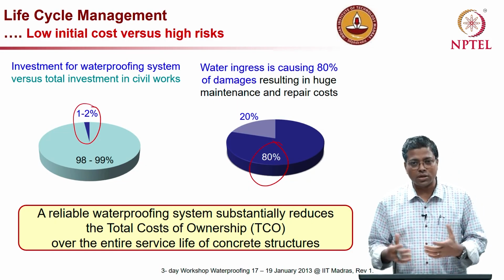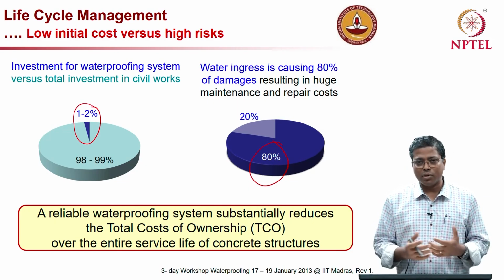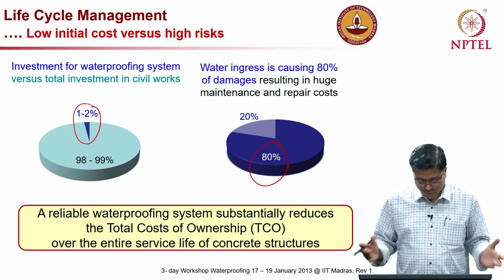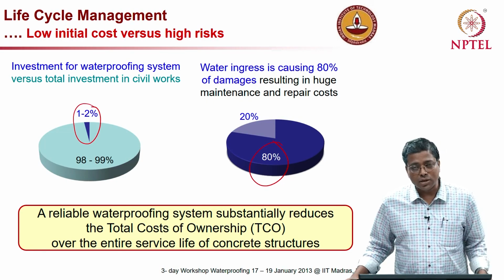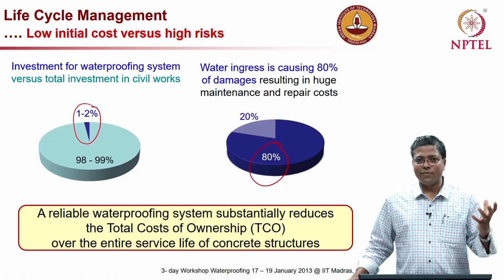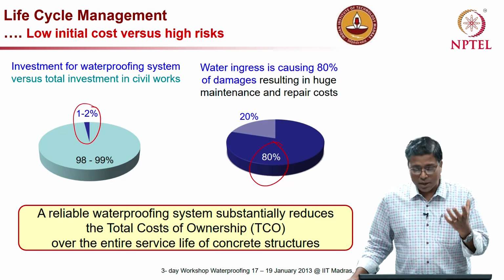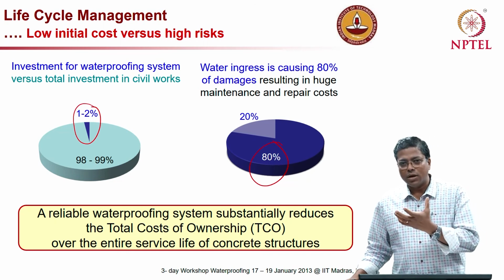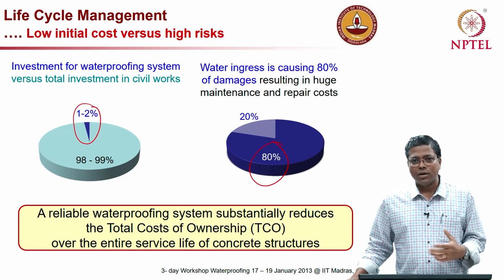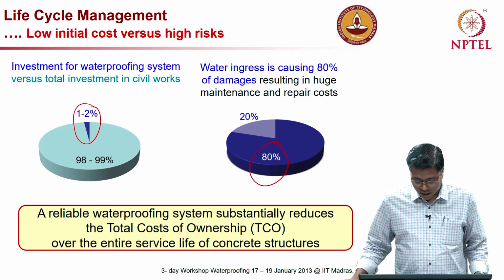Not only corrosion, in this case we are also talking about delamination of the paints and a lot of other problems. In fact, there can be health issues also, because mold, which is fungus, and all those attacks can lead to other health issues for the inhabitants.